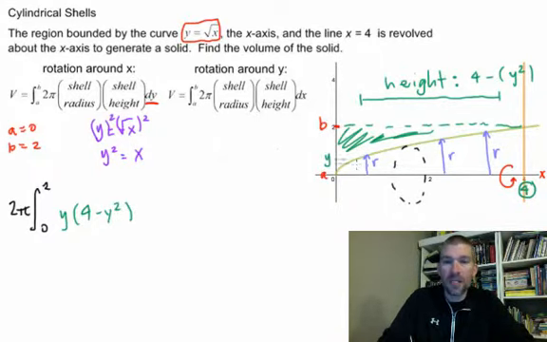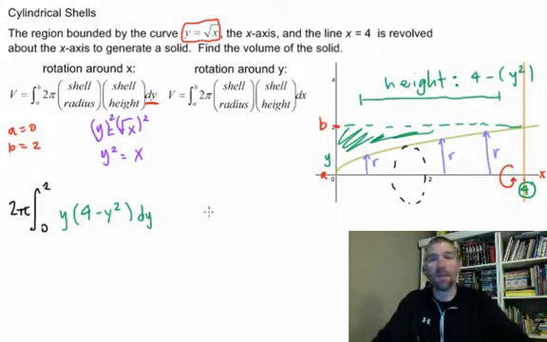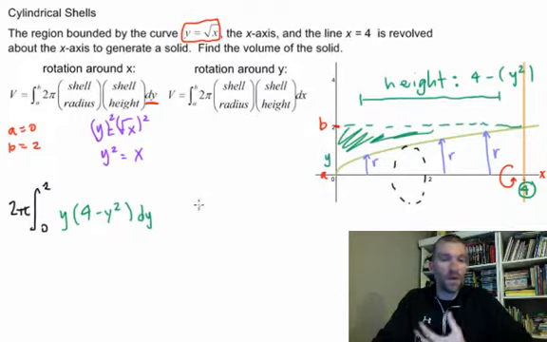And then the change in the thickness of our shell is going to be the dy. Okay? One thing that will help give you a good visual, because I'm a terrible 3D drawer, is to go to Google and just type in calculus shell method.